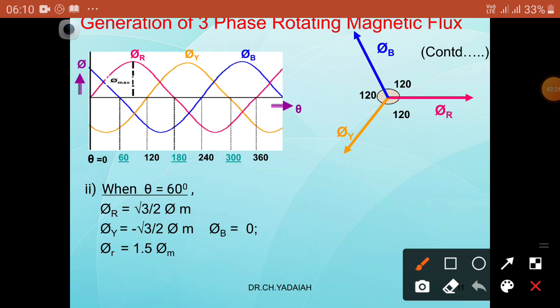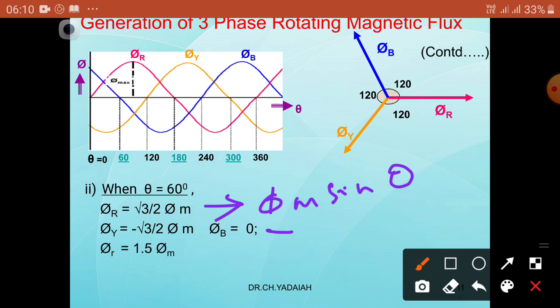Here also you are going to draw it. Here phi r. How we are going to get the root 3 by 2 phi m? Because this is known as the equation. What is the equation? That is equal to phi m sin omega t, where omega t is nothing but theta.